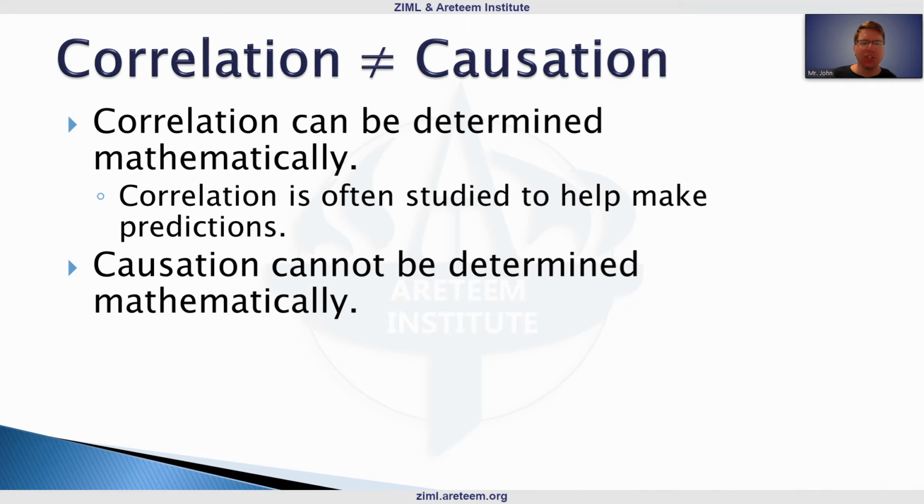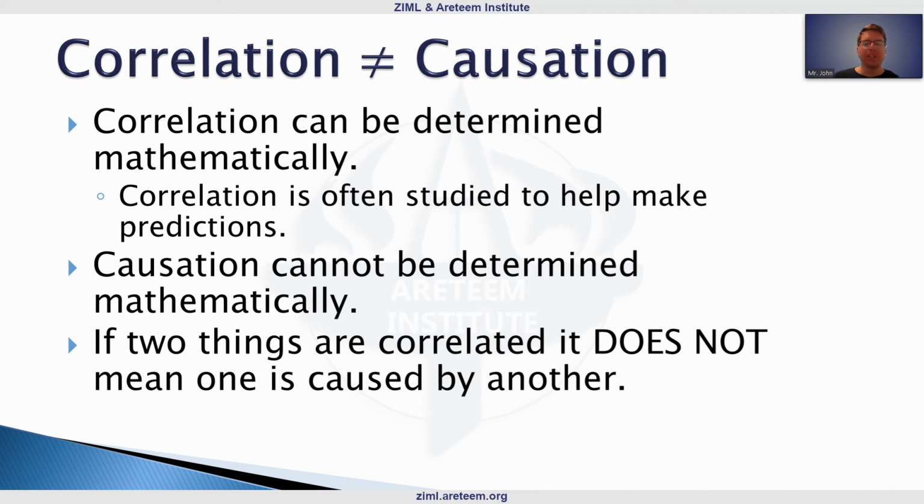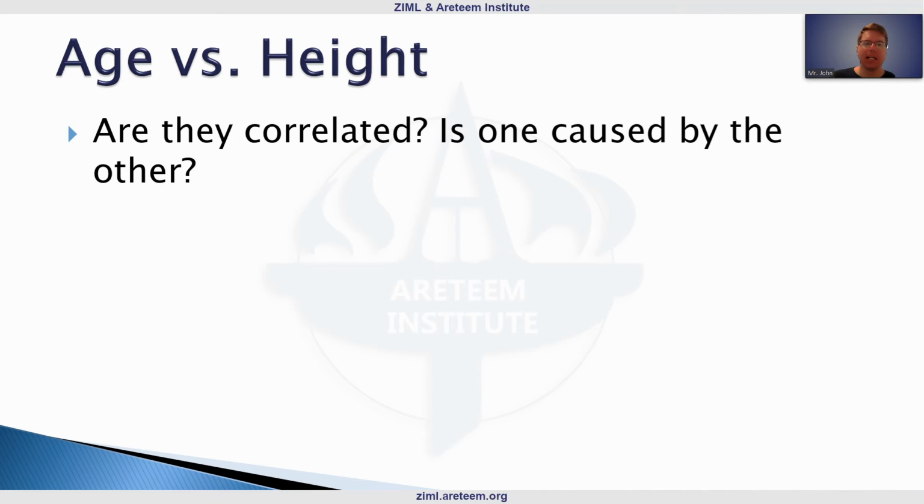If they're caused by one thing, you might want to know why that's the case. Correlation is purely the mathematical relationship between the two. So if two things are correlated, it does not mean that one thing is caused by the other. Now, let's look at our age versus height.